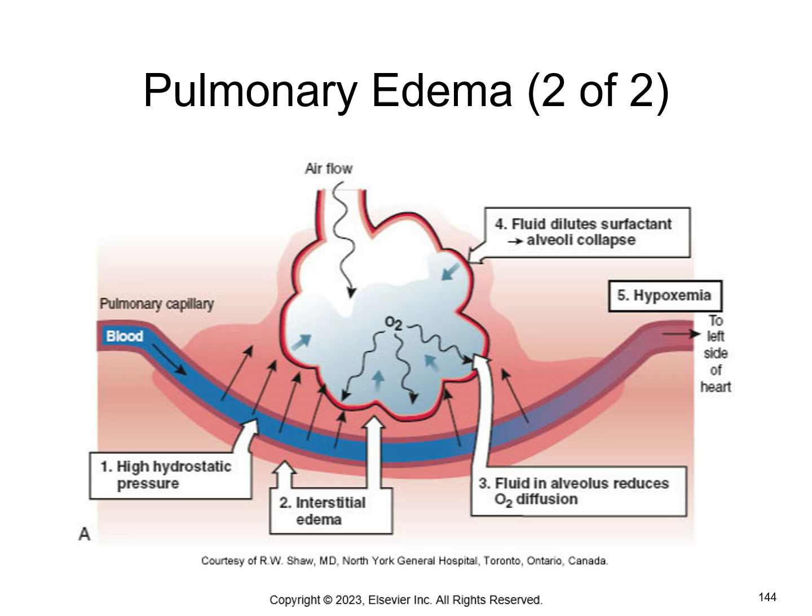So again, in this picture, we look at the high hydrostatic pressure that leads to the interstitial edema. The fluid goes into the alveoli and it reduces the amount of oxygen available. The fluid dilutes the surfactant, causing the alveoli to collapse, and it leads to hypoxemia.